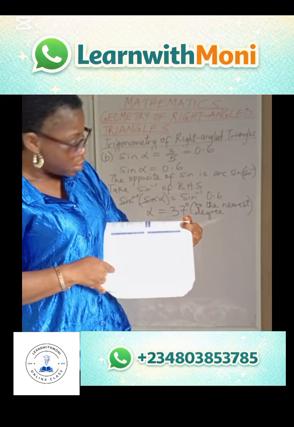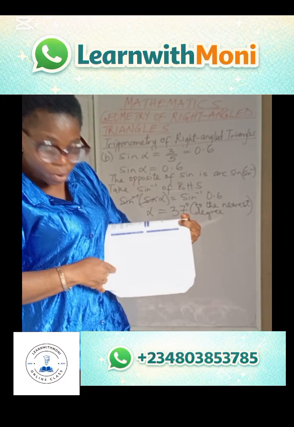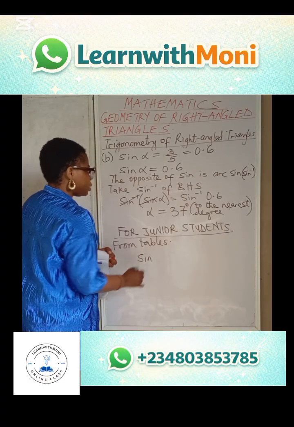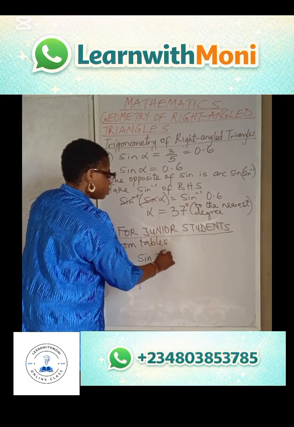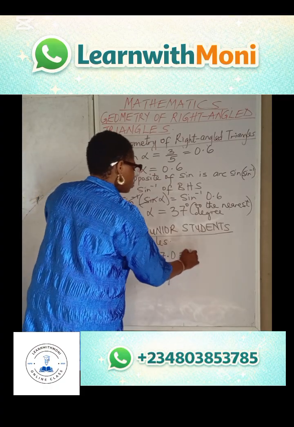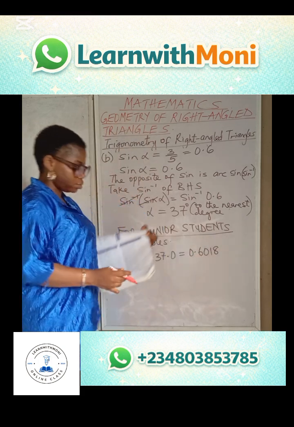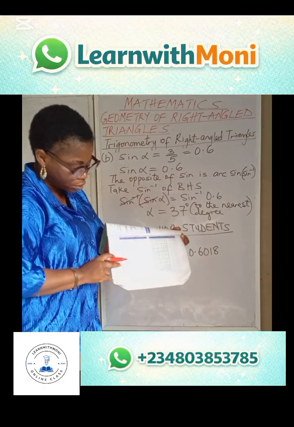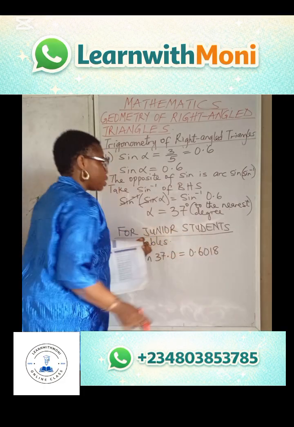37 under 0, I see 0.6018, which is sine 37.0 equal to 0.6018.